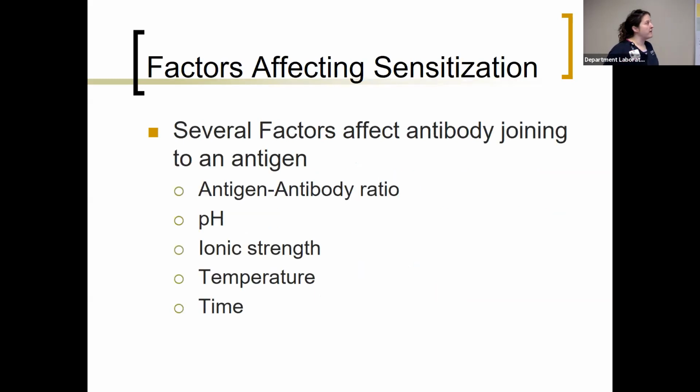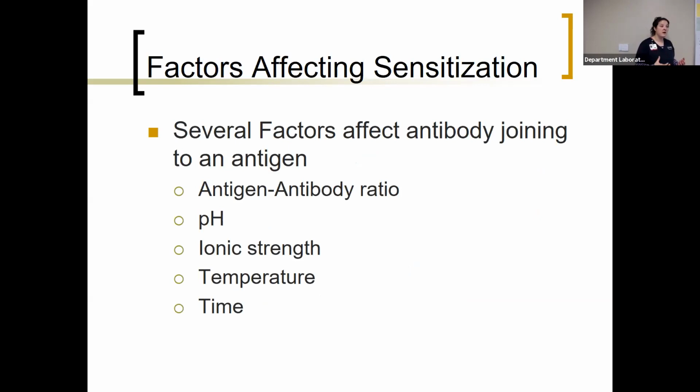There are several things we want to think about when we're encouraging this antigen antibody complex, things that affect sensitization. One of them is the antigen antibody ratio. Remember, we always want the zone of equivalence. When you add patient plasma, you're dealing with patient antibodies, so you'll want a little more antibody than antigen.